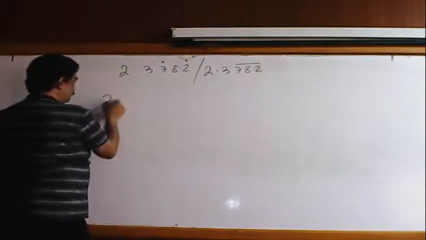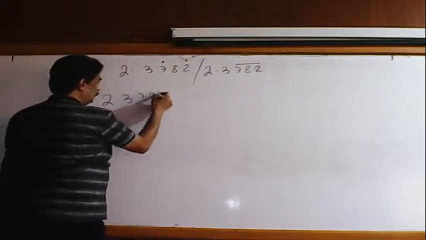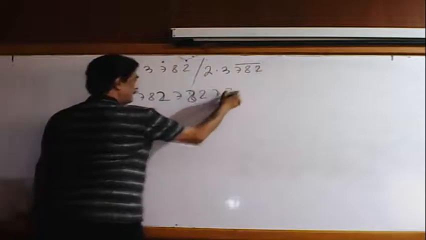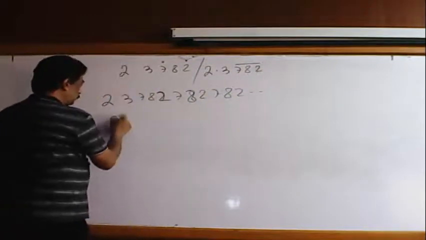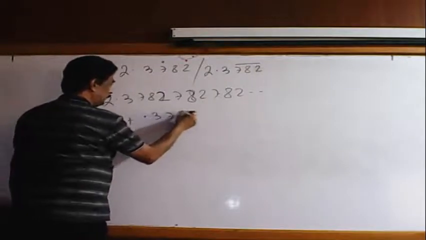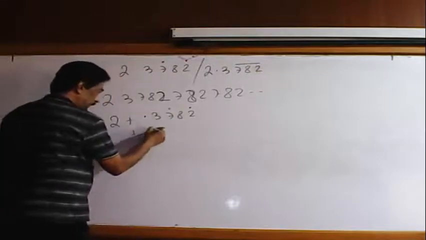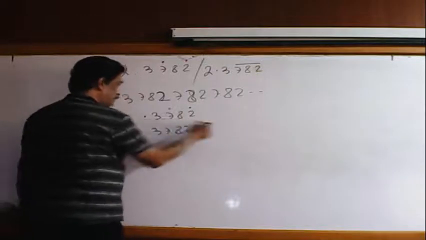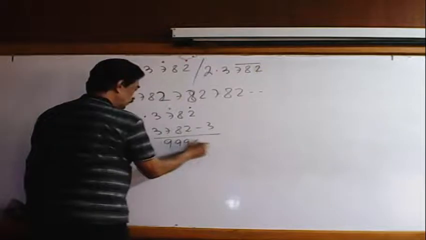Your main rule: 2.3782, 782, 782 and so on. Now if I omit the recurring part, 2 plus 0.3782 recurring, I can write 3782 minus the non-recurring part 3, divided by the recurring digits 999 and non-recurring 10.